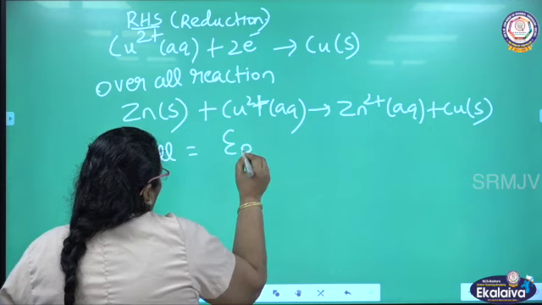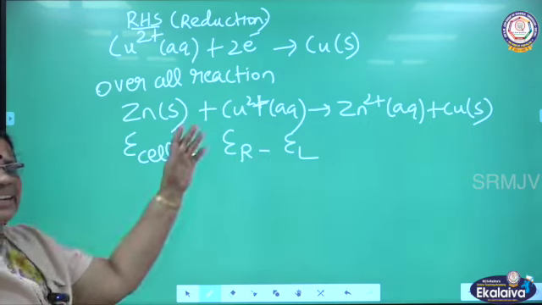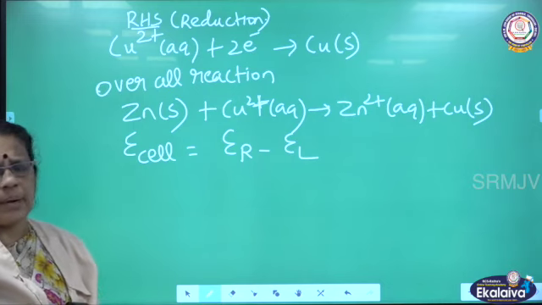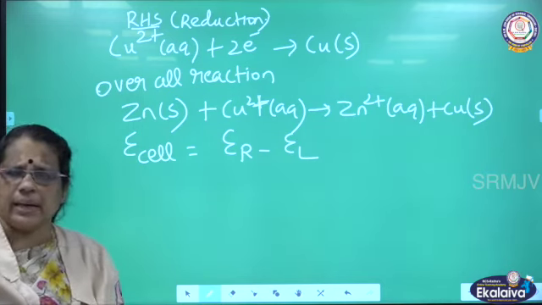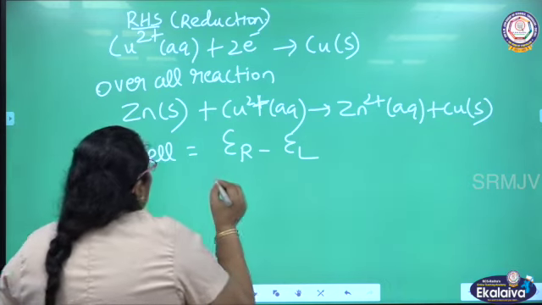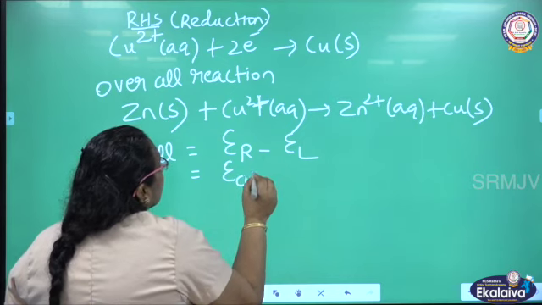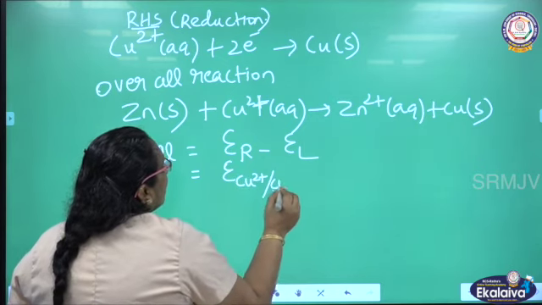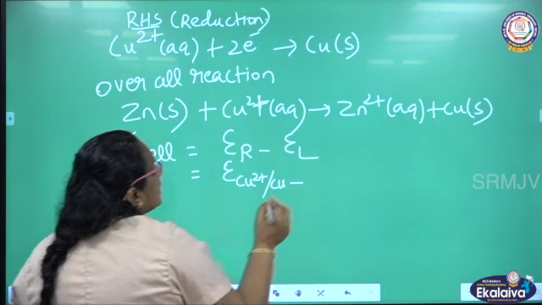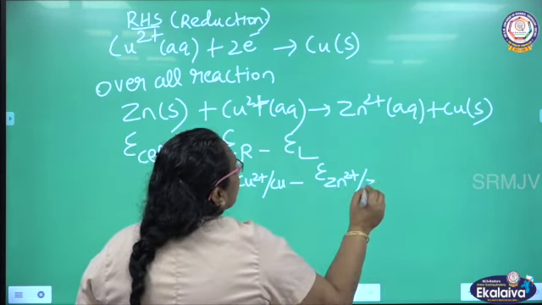E cell is equal to ER minus EL. What is there towards the right hand side? Copper. What is there in the left hand side? Zinc. So ER is copper 2 plus bar copper, minus, on the left hand side, zinc 2 plus bar zinc.